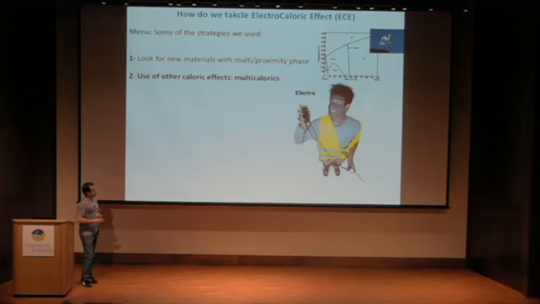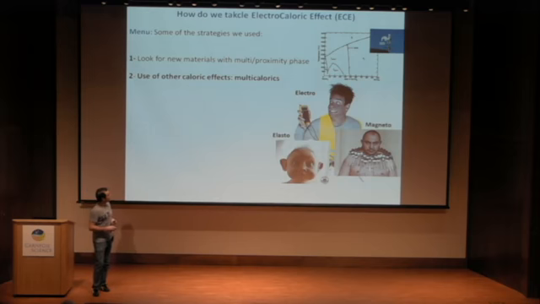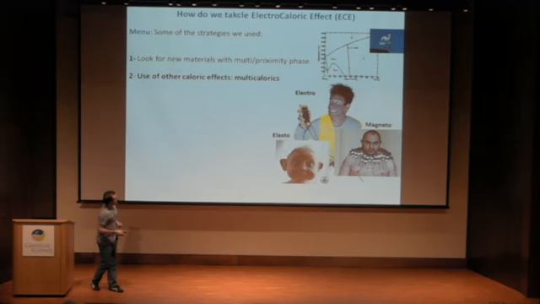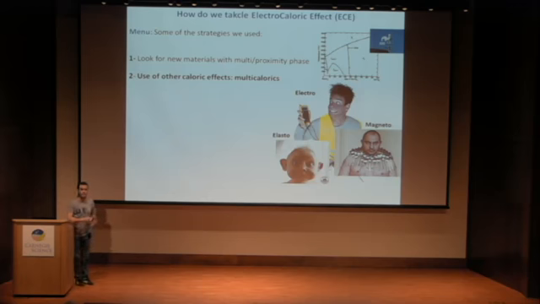So either we apply the electric field or a strain at the same time, and we may even imagine to apply some magnetic stress on the system, especially in case of multiferroics. So these are my colleagues, electro, magneto, and elasto. And you will see that they are really useful for enhancement of these caloric properties.